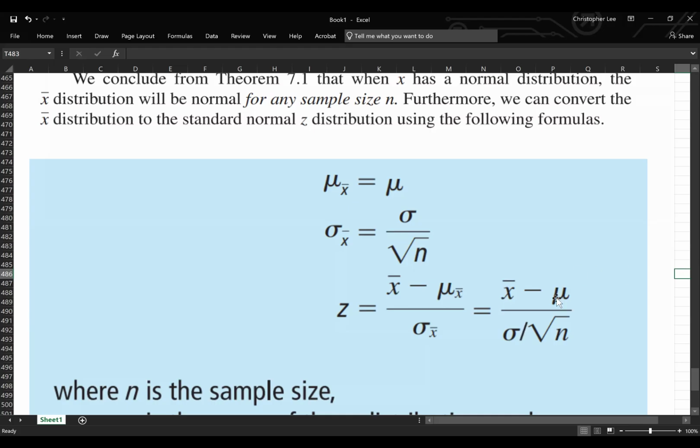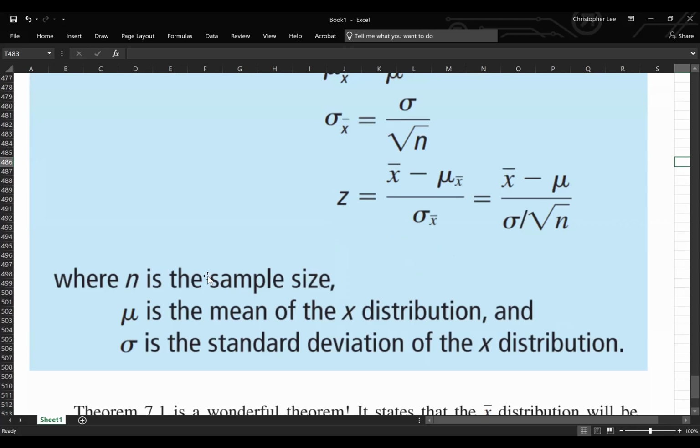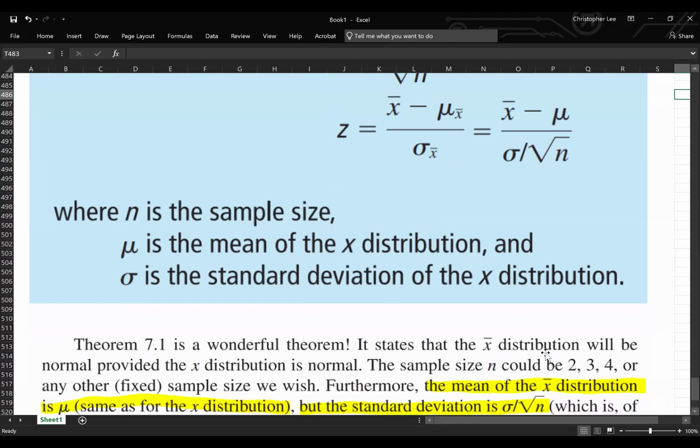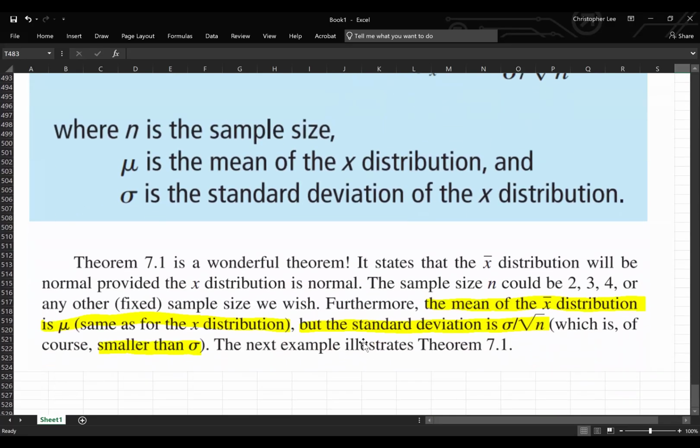So I have X bar minus mu over sigma over the square root of n. N is our sample size, but we know that from the top of the page. Mu is the mean of the X distribution, and sigma is the standard deviation of the X distribution. Theorem 7.1 is a wonderful theorem. It states that the X bar distribution will be normal provided that the X distribution is normal.